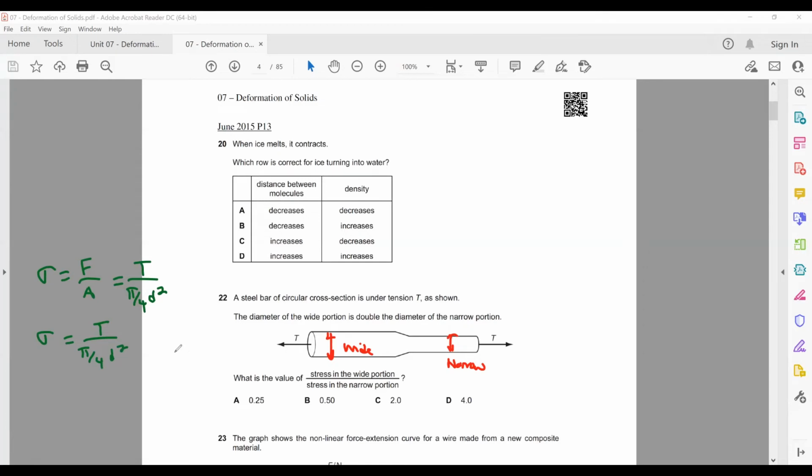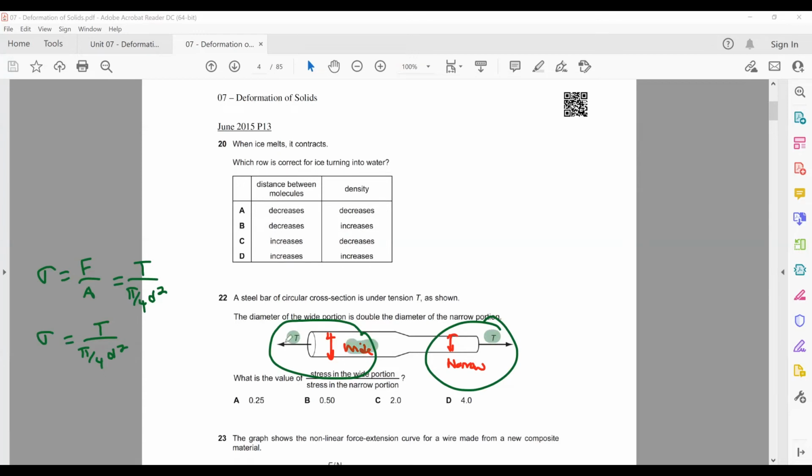Now, you need to use the method similar to what I just taught you. When it comes to finding ratios, you need to use ratio method, okay? So if I'm talking about the wide portion and the narrow portion, notice that the T is the same.